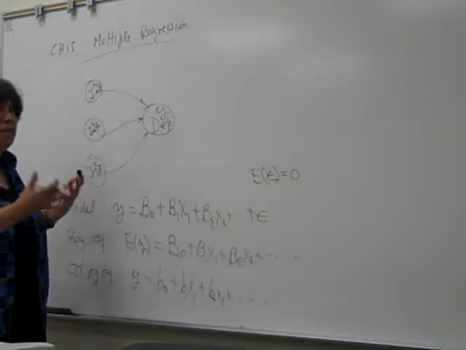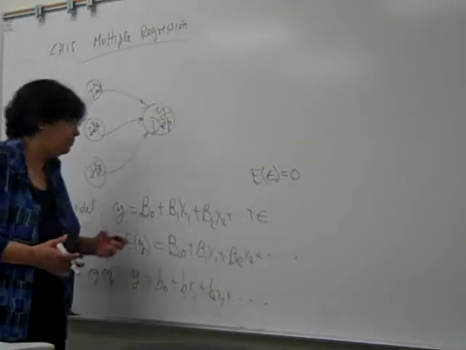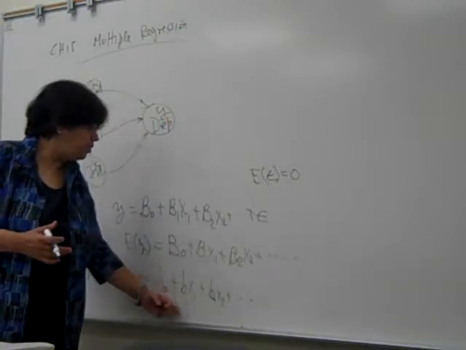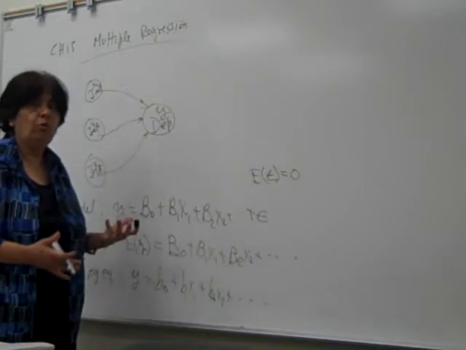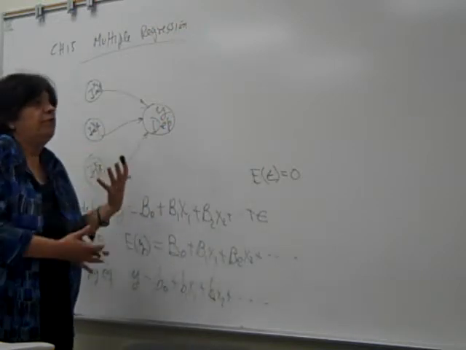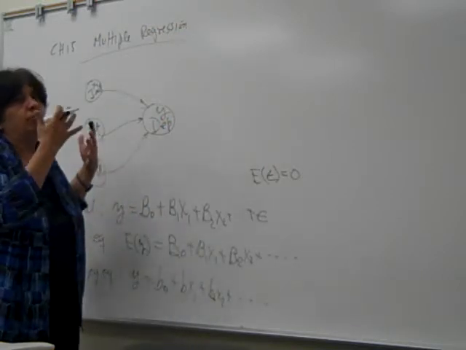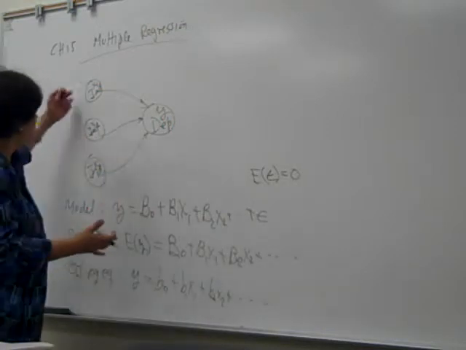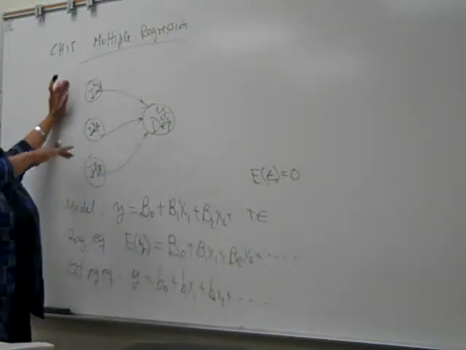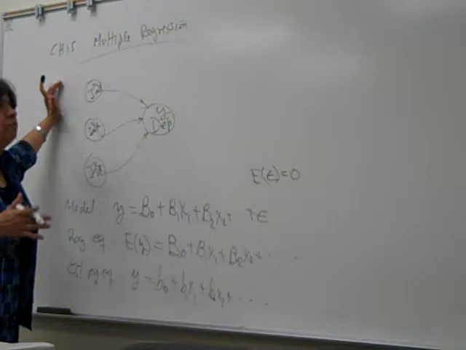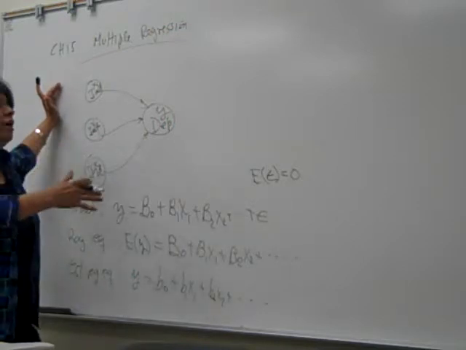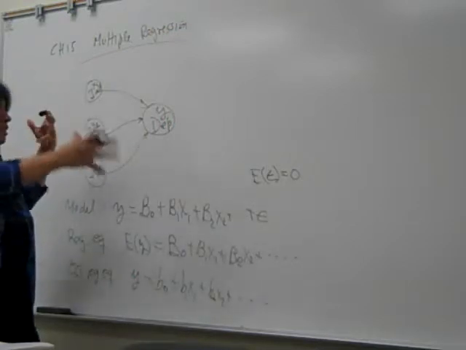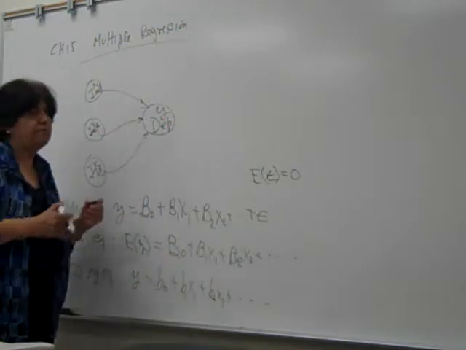Remember that when we talk about simple regression, b1 is the slope. Okay, when you are dealing with more than two independent variables, it's practically impossible to draw or to try to imagine these relationships.